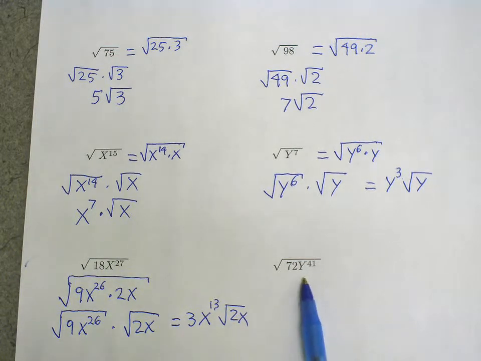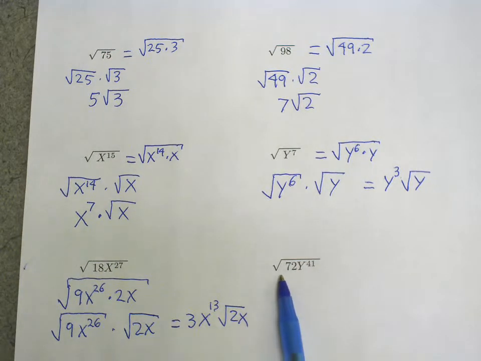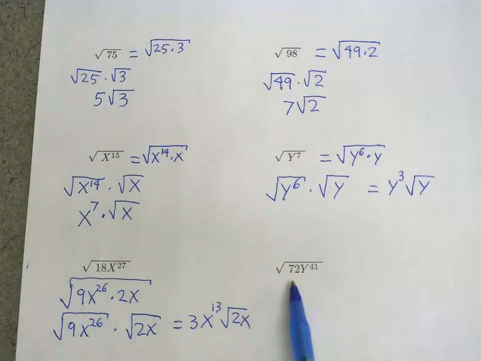Okay, the next one, the square root of 72y to the 41st. The largest factor of 72 that's a perfect square is 36. 36 times 2 is 72. The largest factor of y to the 41st that is a perfect square is y to the 40th.